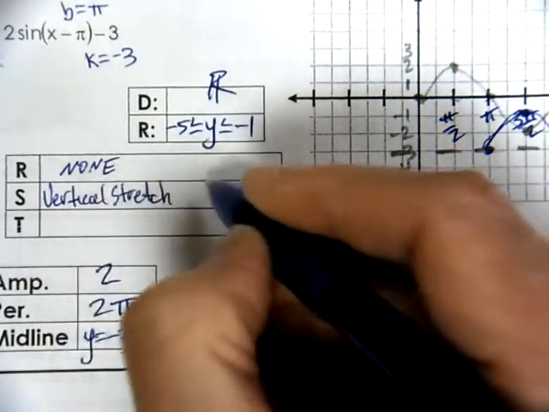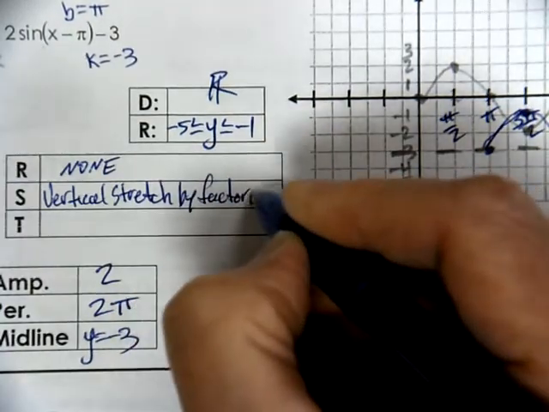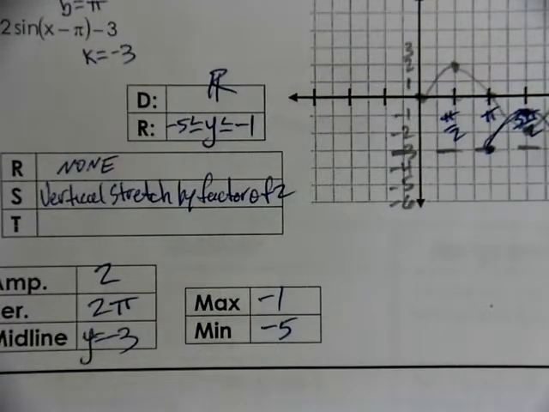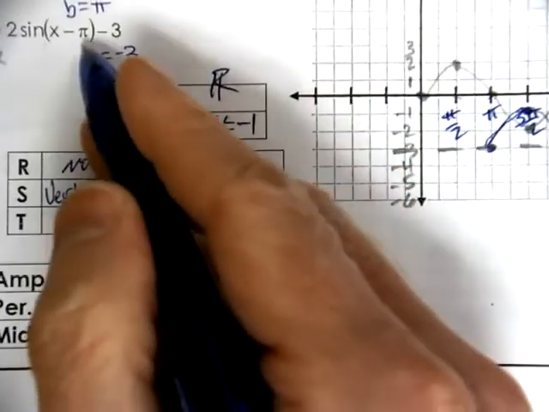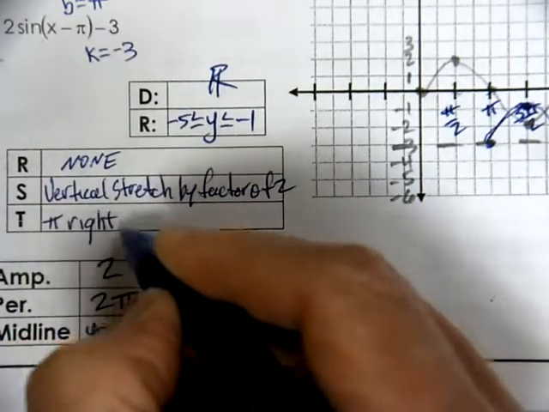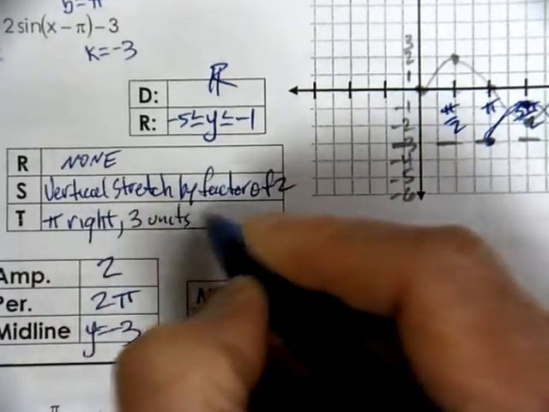There was a vertical stretch by a factor of 2. And then our translation was pi right and 3 units down.